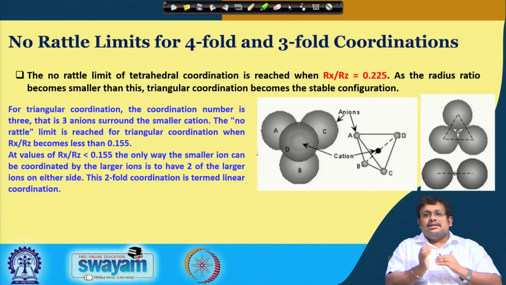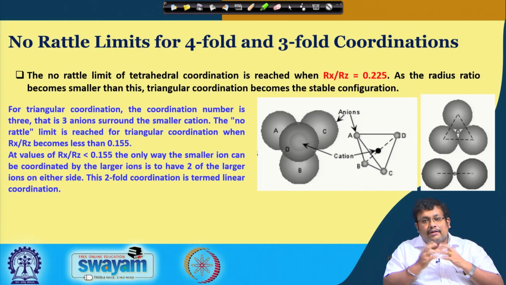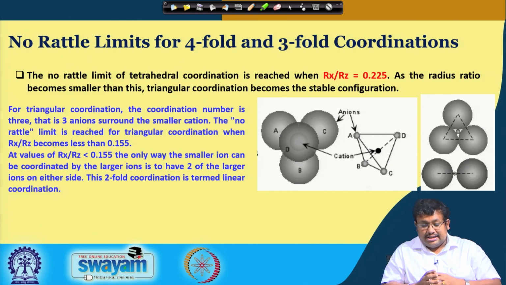So, if the radius ratio goes below 0.225, then this 4-fold coordination will no longer be valid, or there will be a rattling of the cations, and as a result this 4-fold coordination will be converted into 3-fold coordination, which is known as the triangular coordination.